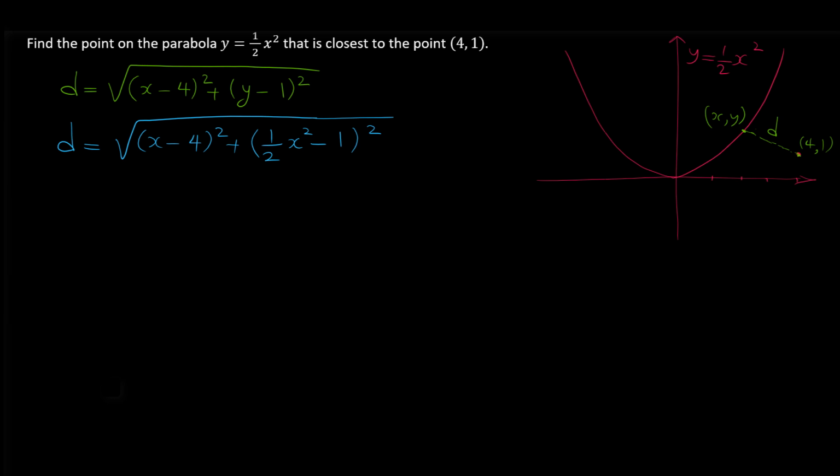Here we can use a trick. Instead of minimizing the square root of this expression, we can minimize its square. We can minimize d to the 2, which is (x minus 4) to the 2 plus (1/2 x to the 2 minus 1) all to the 2.